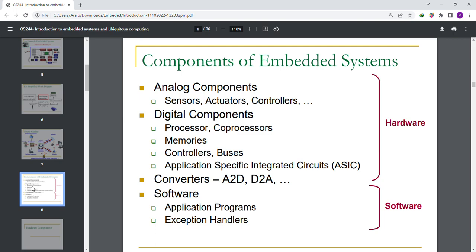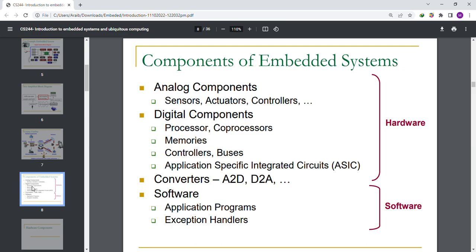Next slide, components of embedded system. These are the components of embedded system: analog components, digital components, and converters, A to D, D to A, and software. Basically, the analog components and digital components are the hardware, and software is the endpoint. Let's briefly explain.